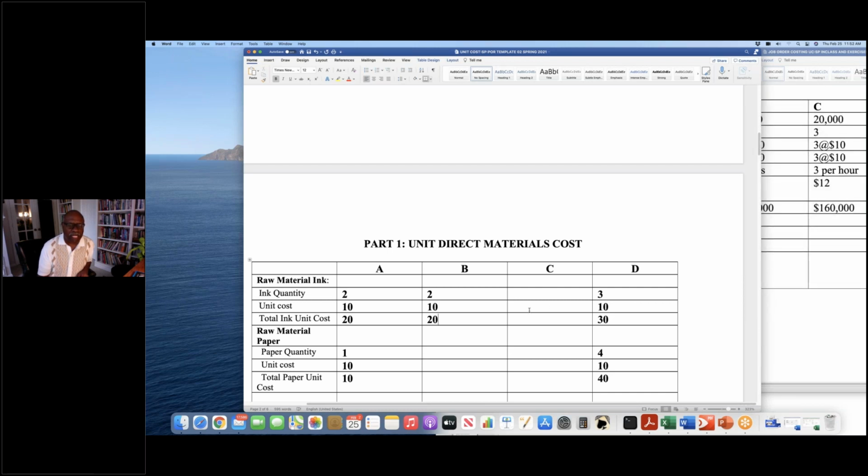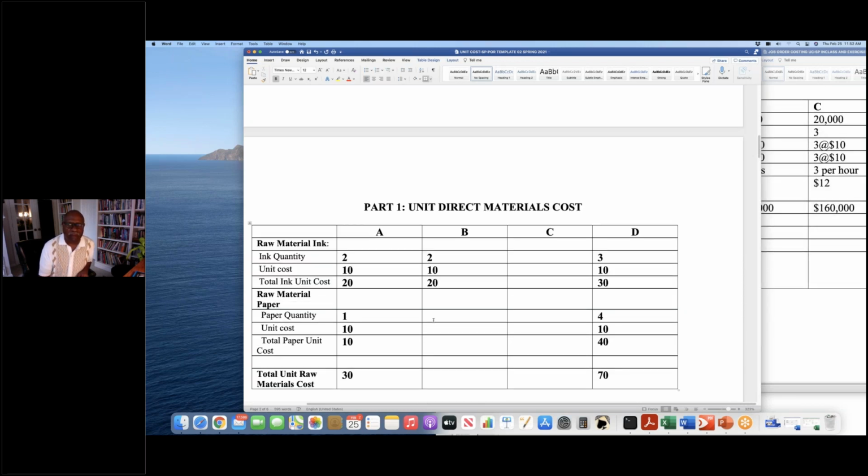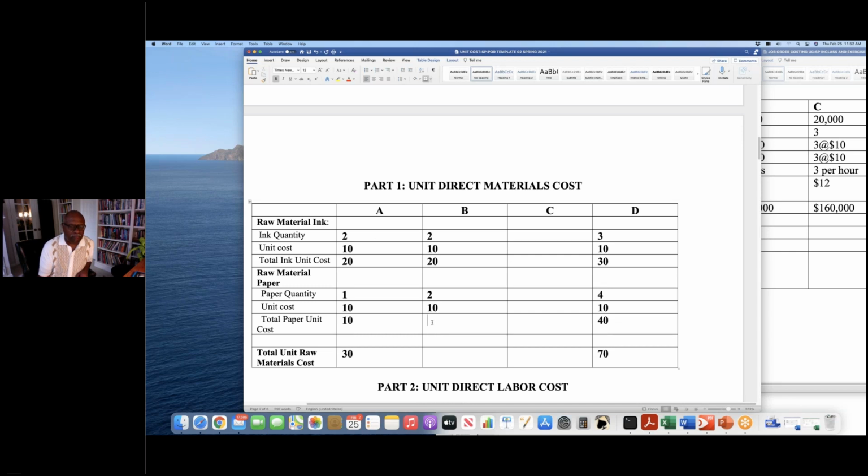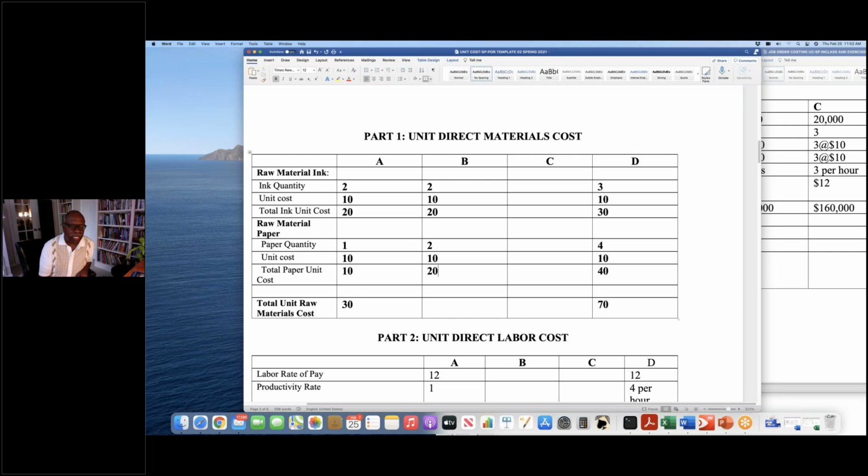What do we have on the second one? The quantity is 2 and the cost is 10. So what's the paper cost? 20. When we add them together, what do we get as the total raw materials cost? 40.